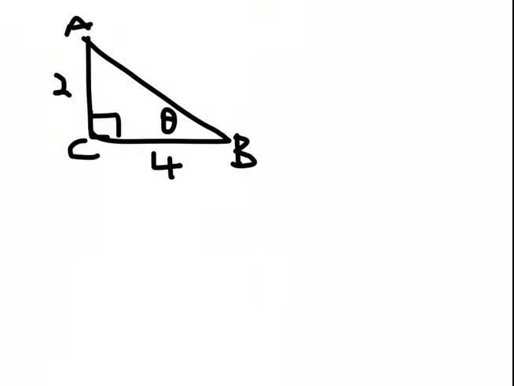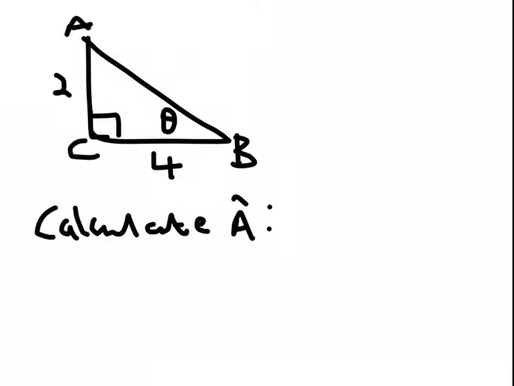If a question is considered to be tricky, for example, if they say calculate angle A. Can you see? It definitely looks a bit complicated because they are talking about angle A. How are you going to get to angle A?